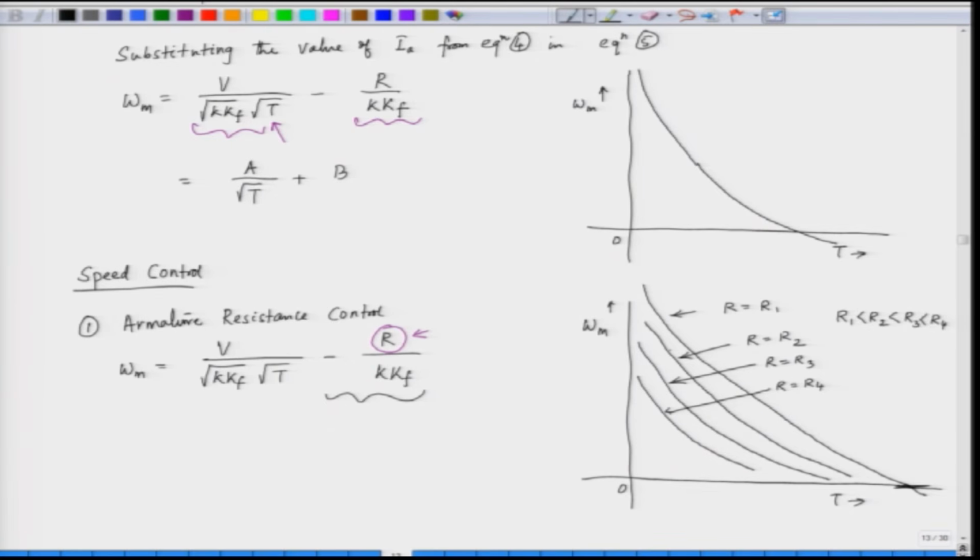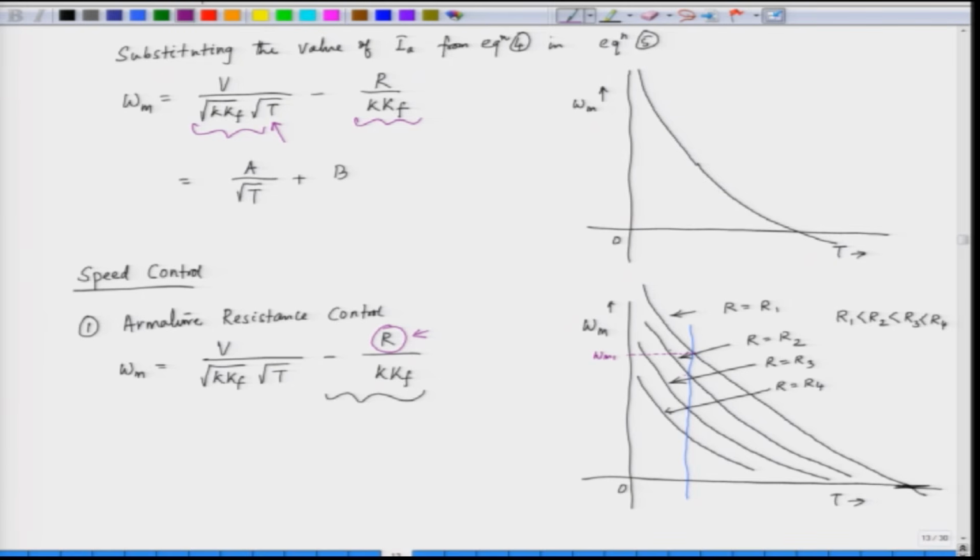So, r is increasing. So, when r is increasing, we naturally have the speed control, because if we have a load torque profile like this, the speed will be decided by the intersection of the load profile and the motor characteristic. This is the initial value of speed, let us say omega m 1.